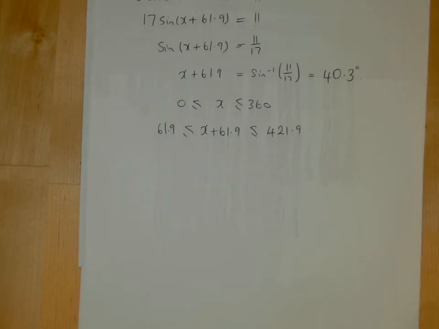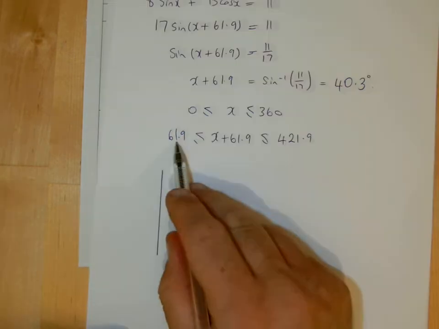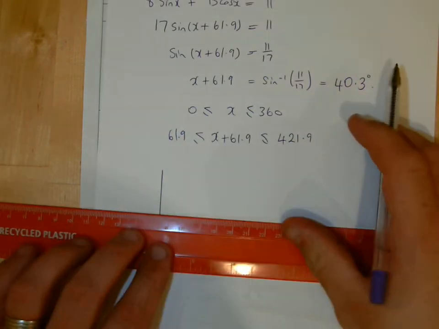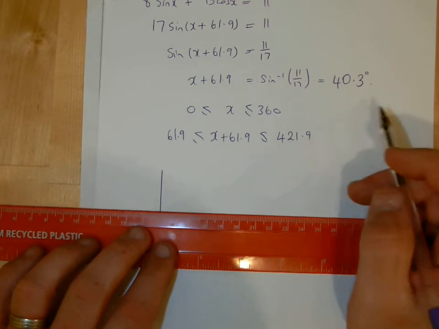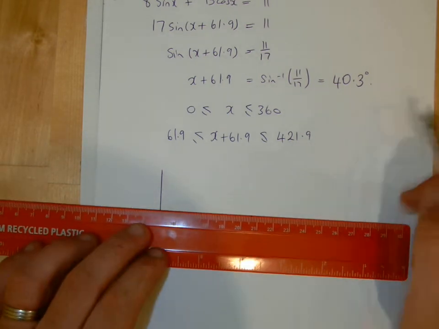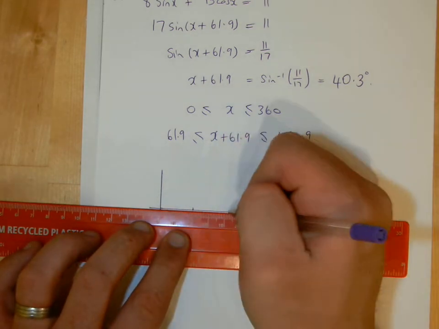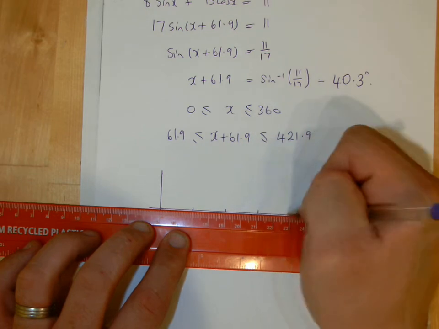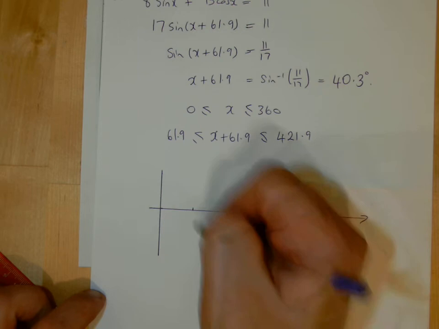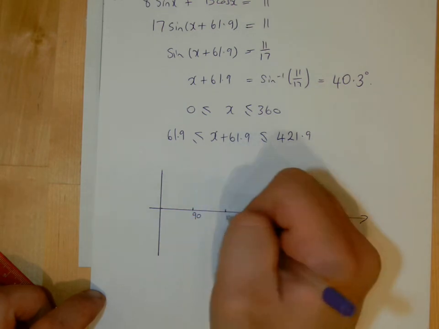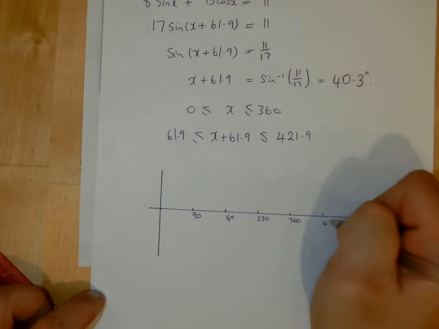So when I do that, of course I know 61.9, but we're going to go from 0, won't we? It makes sense. And we're not going to go to 421.9, we'll go to 450, I think, the next one up. So if I go 2 centimeters for every 90, that'll be 90, 180, 270, 360, 450.